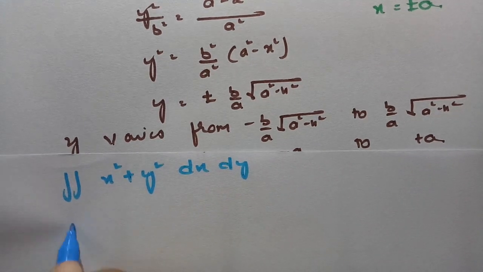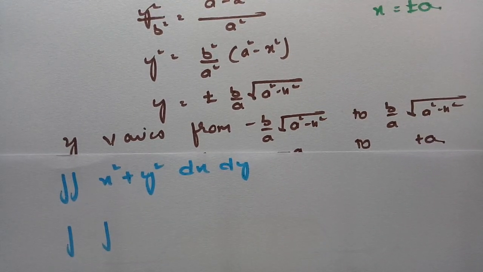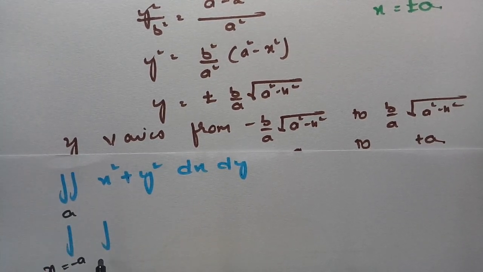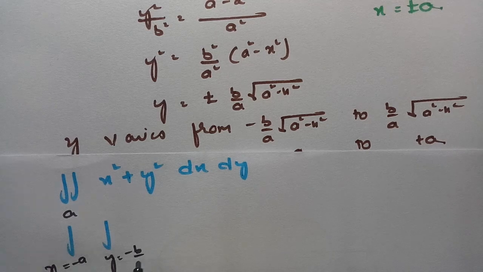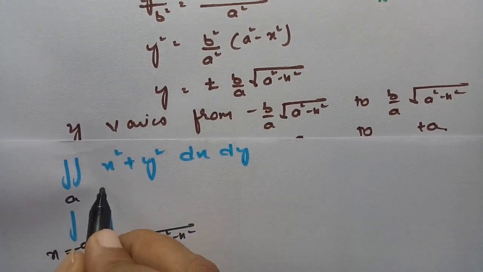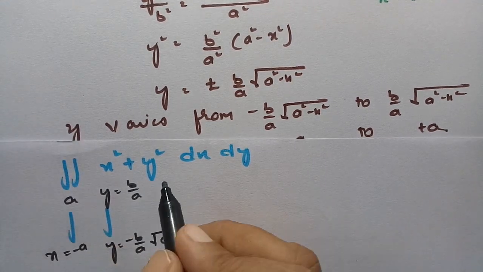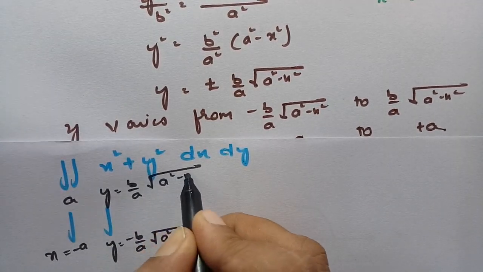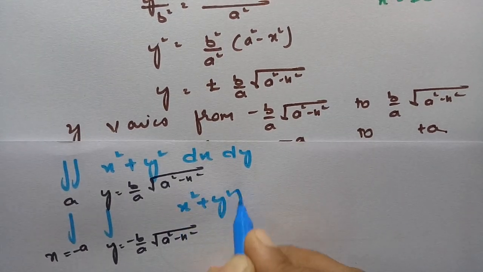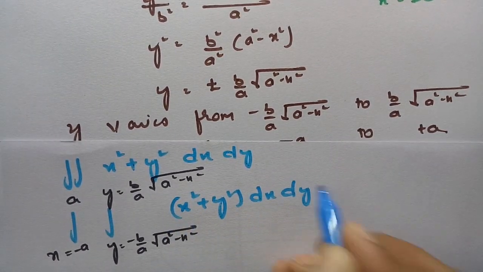Limits just now I have shown you, that is x varies from minus a to plus a, and y varies from minus b by a root over a square minus x square to b by a root over a square minus x square, and in between it is x square plus y square dx dy.